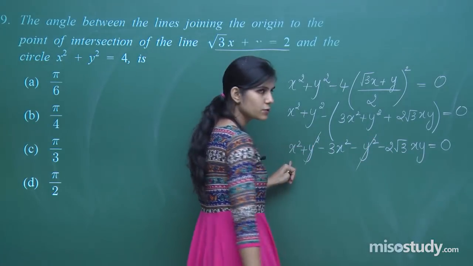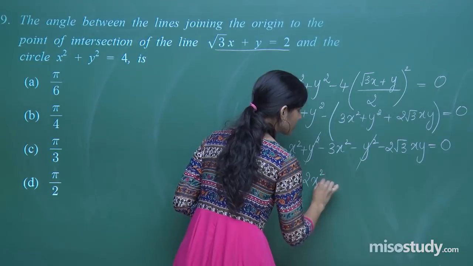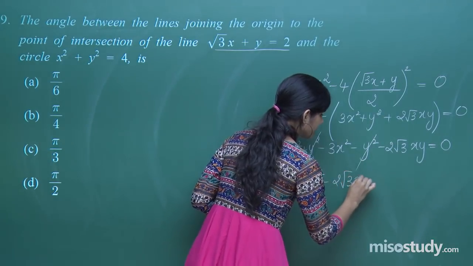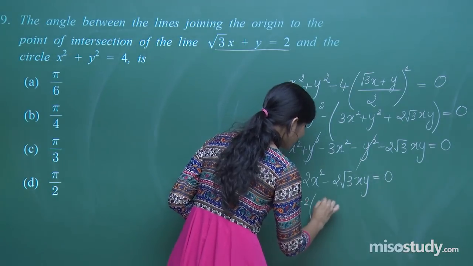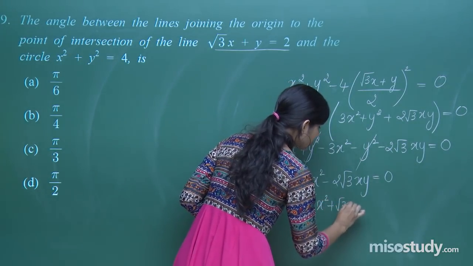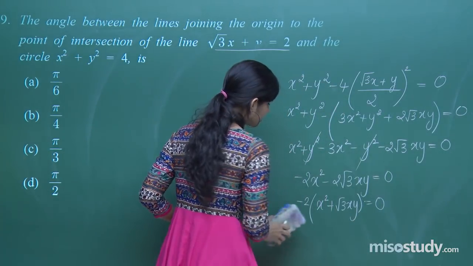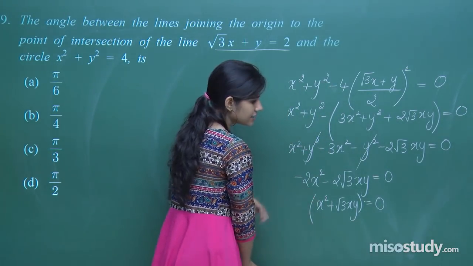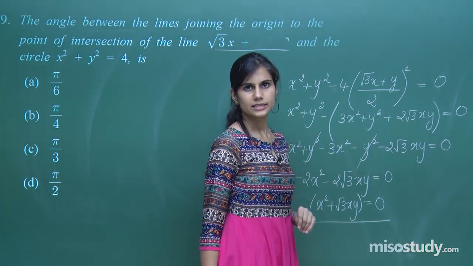Plus y square minus y square cancels out. You get x square minus 3x square is minus 2x square, minus 2 root 3 xy equals 0. So minus 2 comes out common. You have x square plus root 3 xy equals 0. So this is the actual equation of those lines.